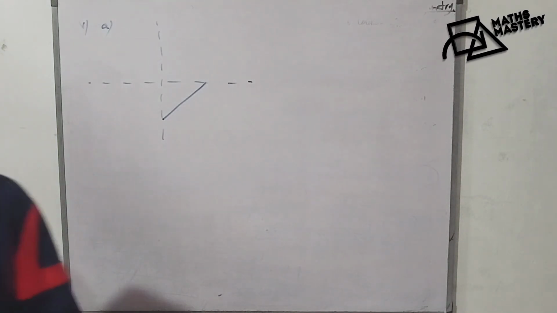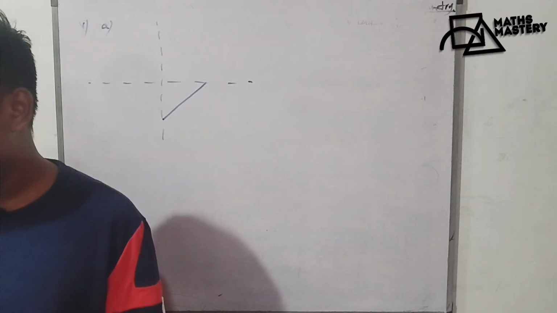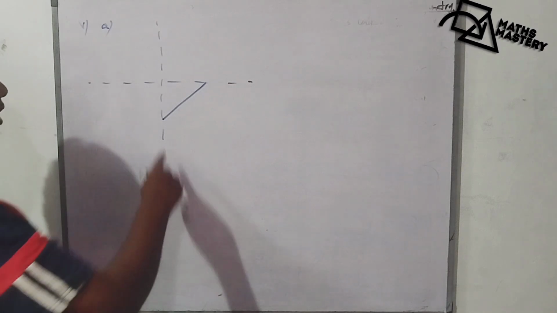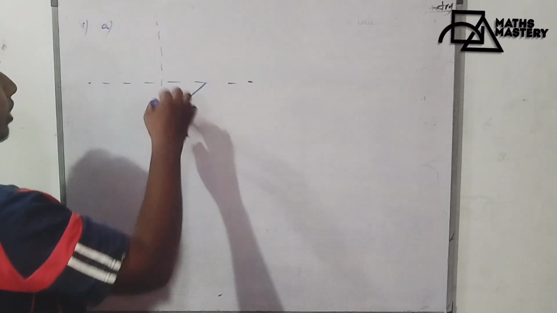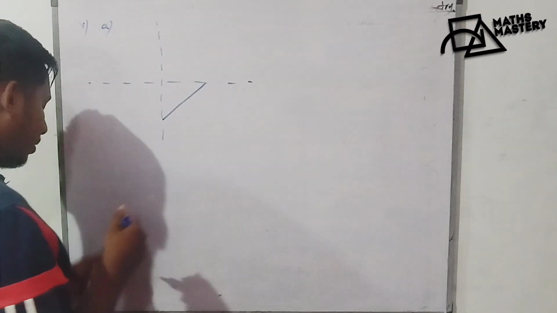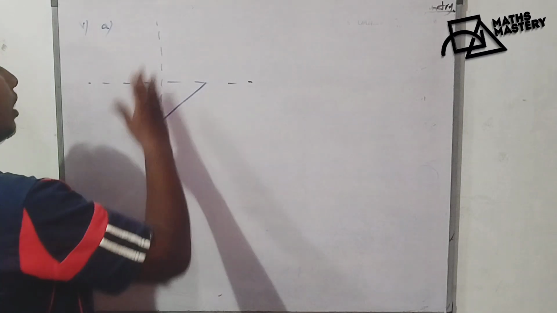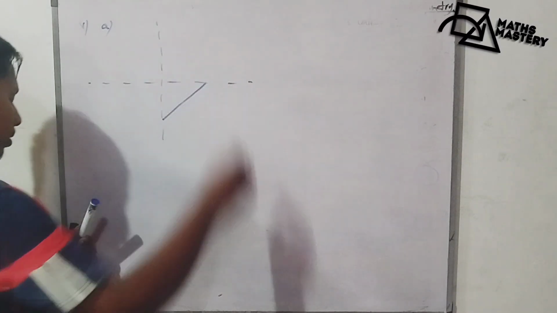They are telling you to draw a figure such that this axis of symmetry and this axis of symmetry are the lines of symmetry of the figure that you are going to draw.